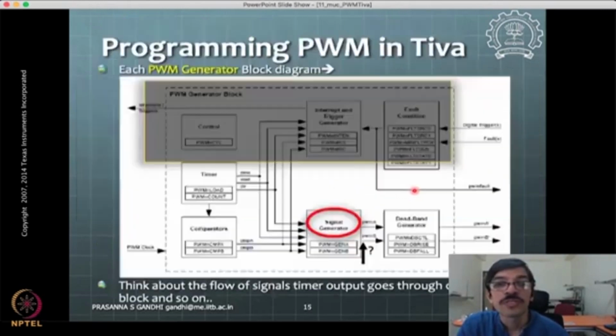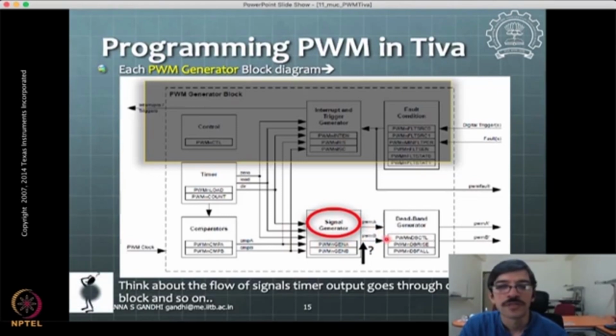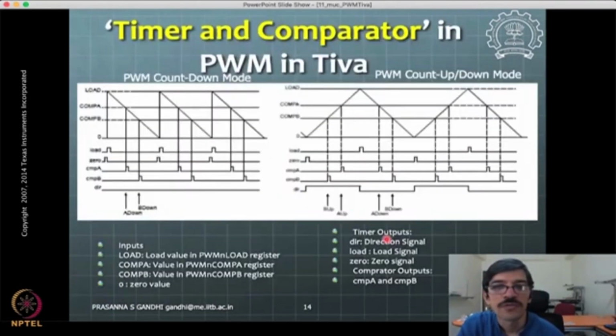Now you are using this further in the signal generator block. These signals are going into the signal generator block, which uses some of these and converts them into these PWM A and B signals. You can see how that happens here. Maybe you can pause and think about what can be done. Say, for example, if you have these kinds of pulses coming, how can I generate PWM out of these pulses?